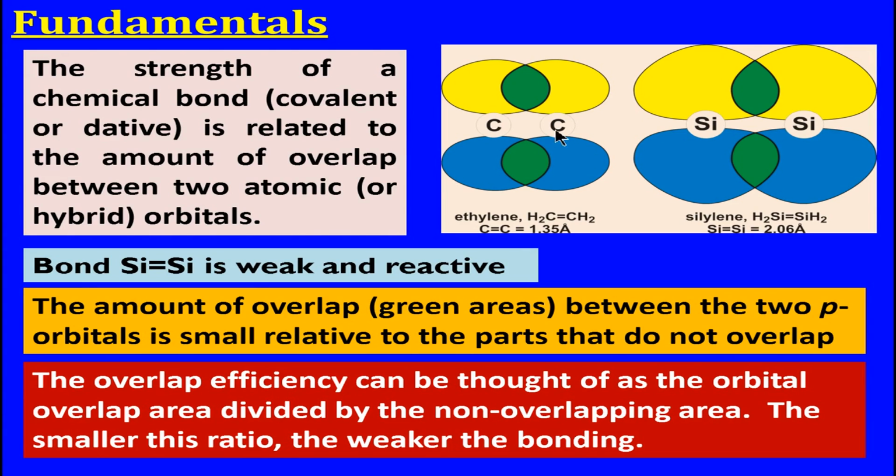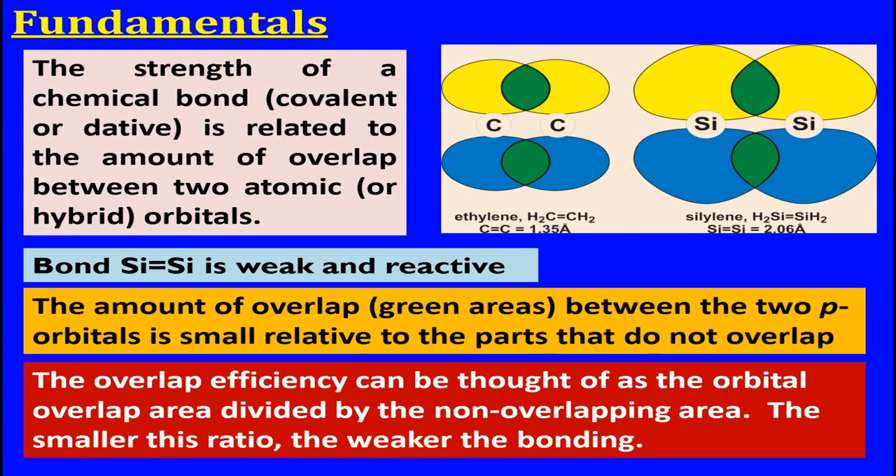If we compare C=C and Si=Si, we observe that Si=Si is weaker, since the overlap efficiency can be thought of as the orbital overlap area divided by the non-overlapping area. In the case of Si=Si, the overlap efficiency is smaller. So the smaller this ratio, the weaker the bond.